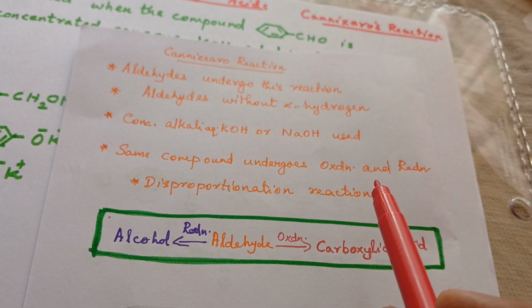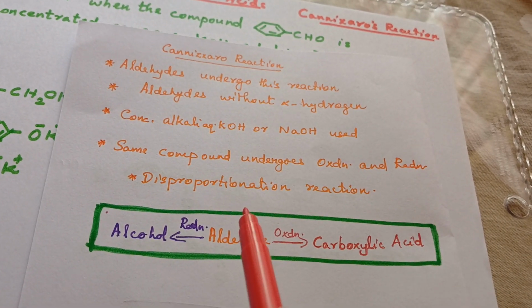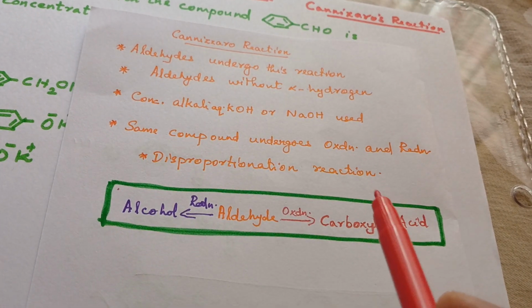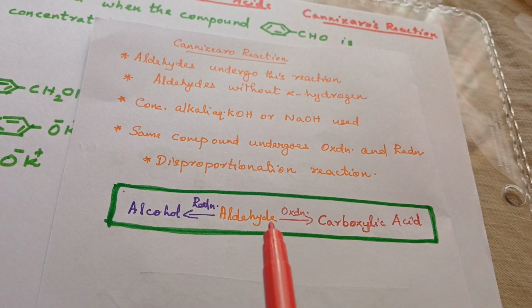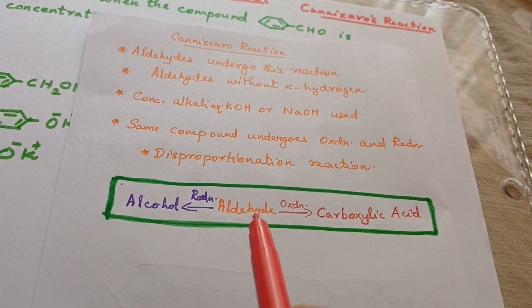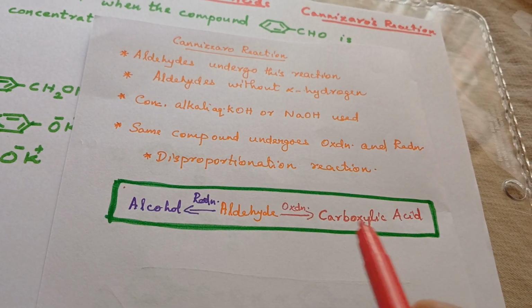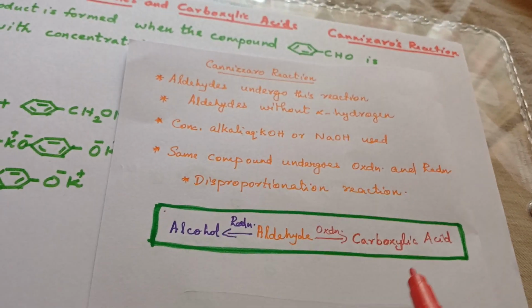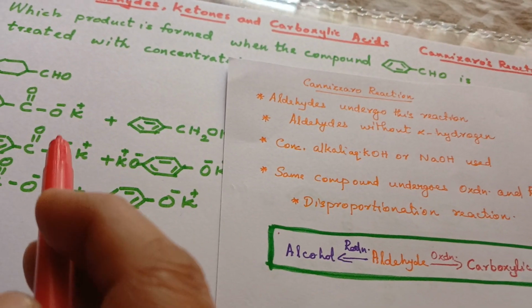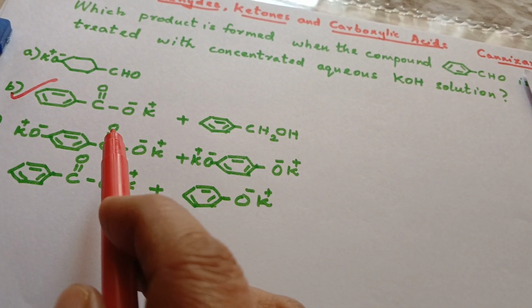The same compound undergoes oxidation and reduction, so you call it a disproportionation reaction. That is, the products obtained are carboxylic acid and alcohol. Here we are getting a salt of the carboxylic acid, that is potassium benzoate.